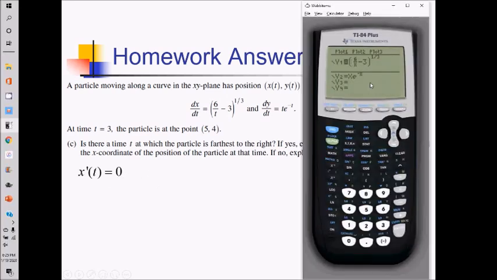To do this in my calculator, I'm in my y equals here. Notice that I've deselected y2 because I don't want to graph y prime, just x prime. And for my window, they didn't really tell me much other than time being positive. So let me zoom 6 this thing, and we'll see if we cross the x-axis anywhere. So we do definitely cross right about here.